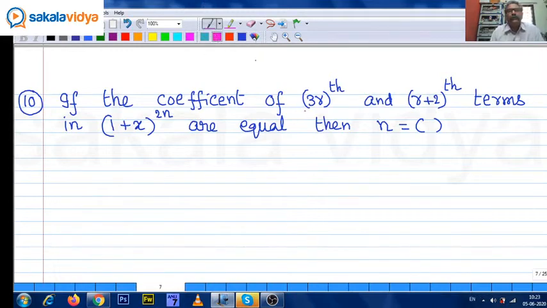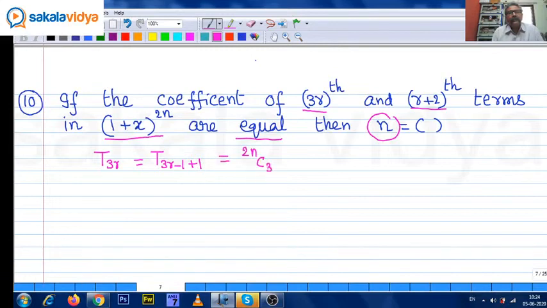The coefficients of 3rth and r plus 2th terms in (1 plus x) whole to the power of 2n are equal. Then we need to find out n value. First, let us write t3r, the 3rth term. This we can write as t(3r minus 1 plus 1), equal to 2nC(3r minus 1) x to the power of 3r minus 1.